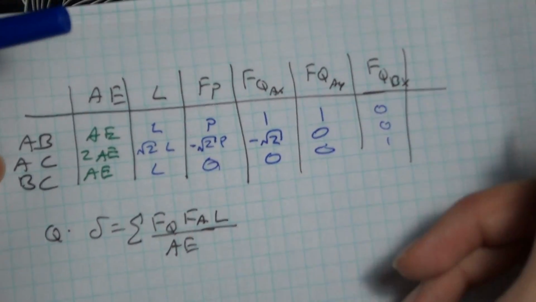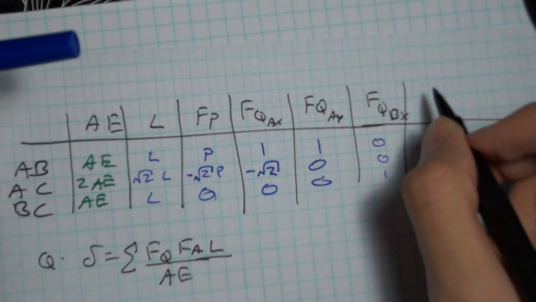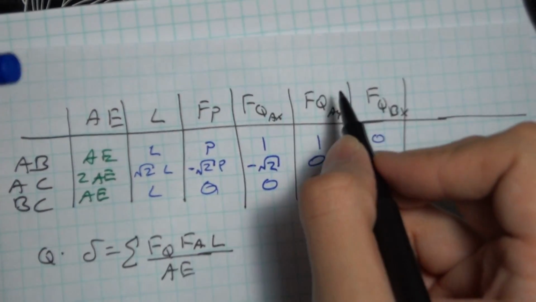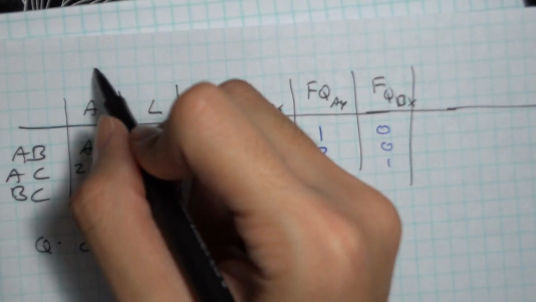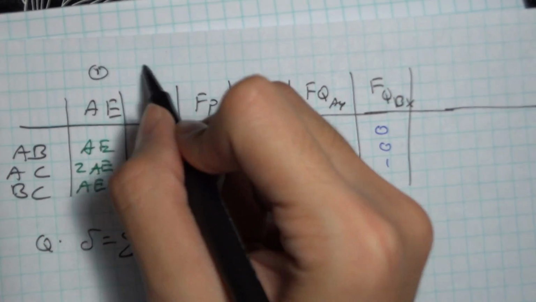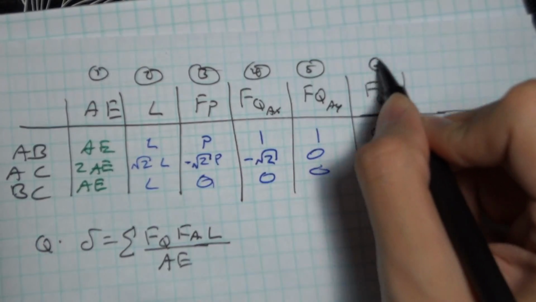I don't have enough space in these columns here, but I'm just going to number these columns. Let's call this column 1, 2, 3, 4, 5, and 6.